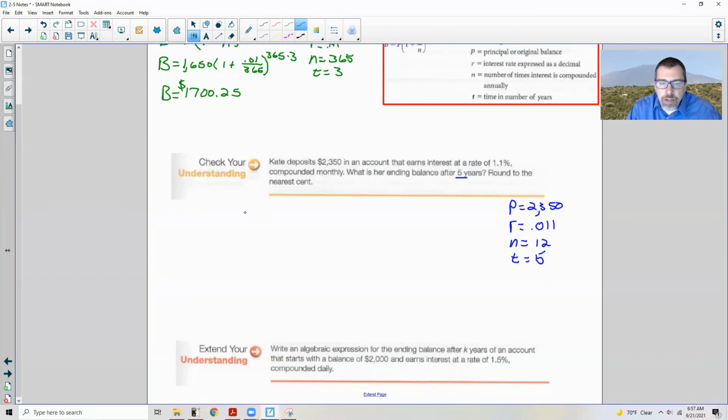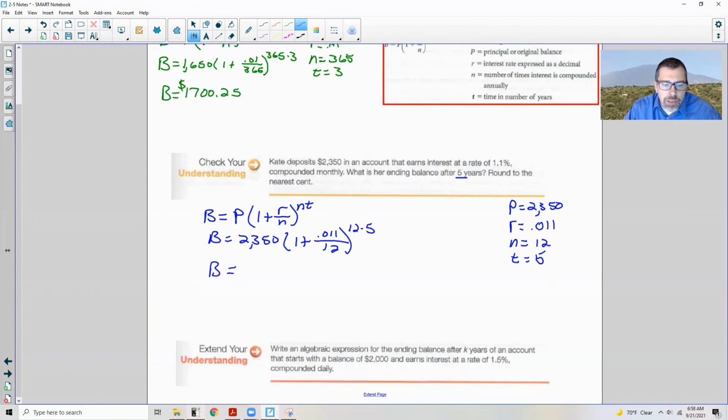Okay, so there's all our values. So you write the balance equals principal parentheses 1 plus R over N to the power of NT. Substitute in the givens, $2,350 parentheses 1 plus 0.011 over 12 to the power of 12 times 5.